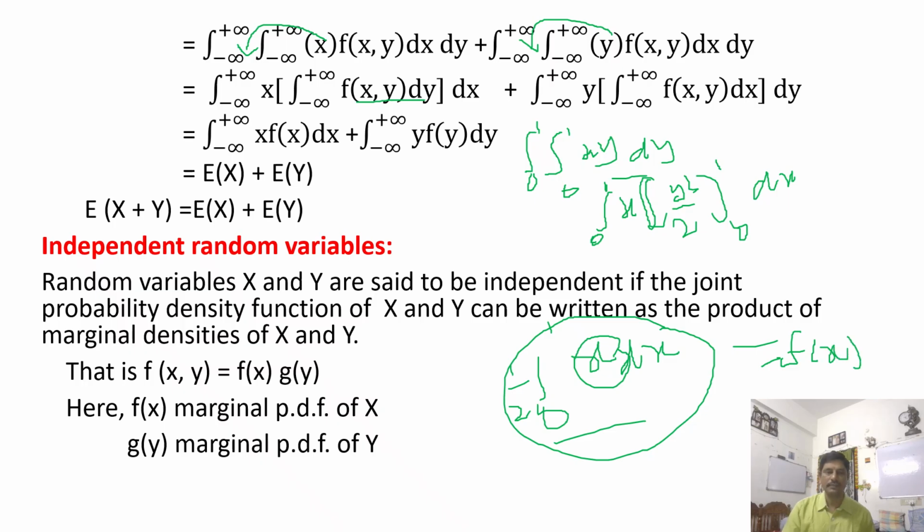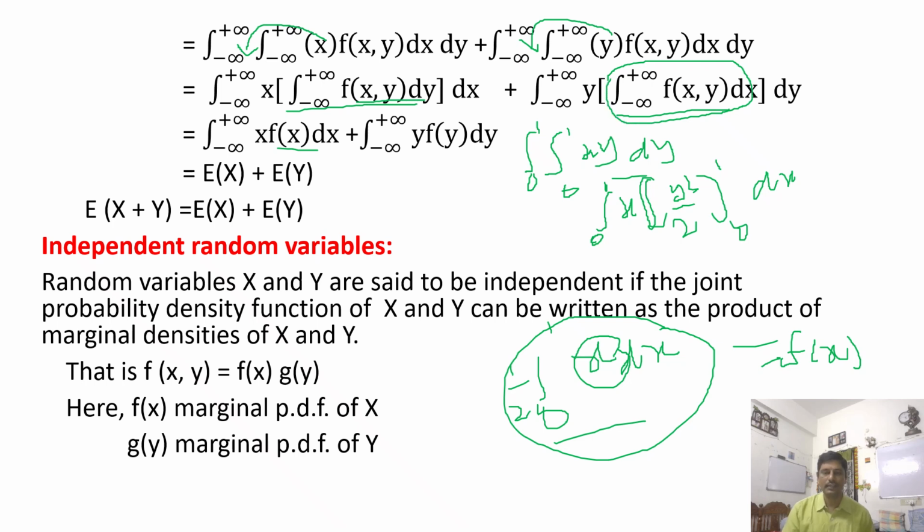That means after integration of minus infinity to infinity f of x y into dy with respect to y, we get only an x function. So we are writing here f of x into dx. Similarly, if we do integration with respect to x, then the function changes to a function in terms of y.